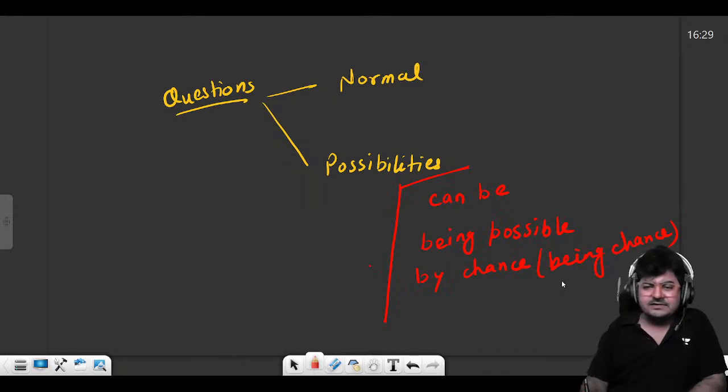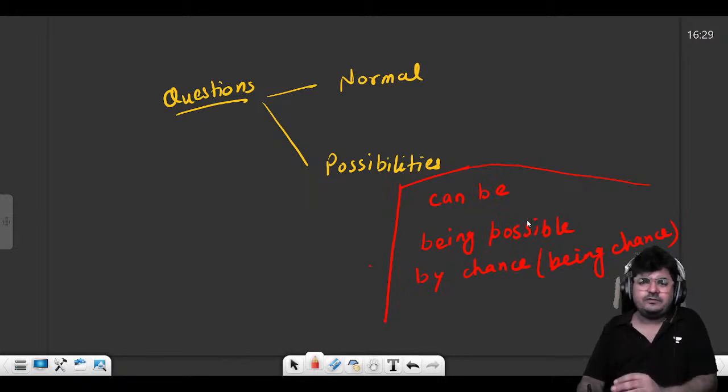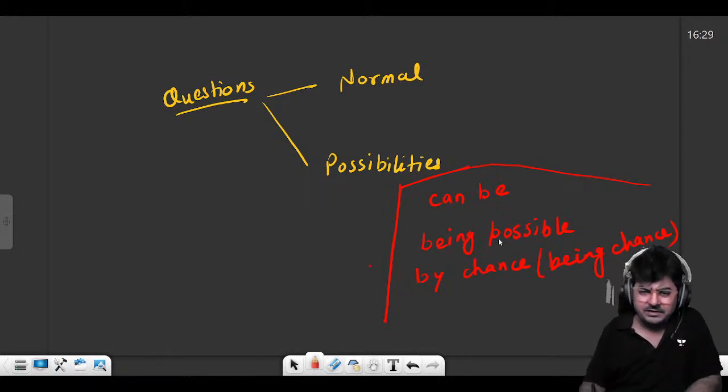So if something like this is mentioned, so you can understand that this problem is related to the possibilities. Later on, we will do some questions, so you will understand the meaning.